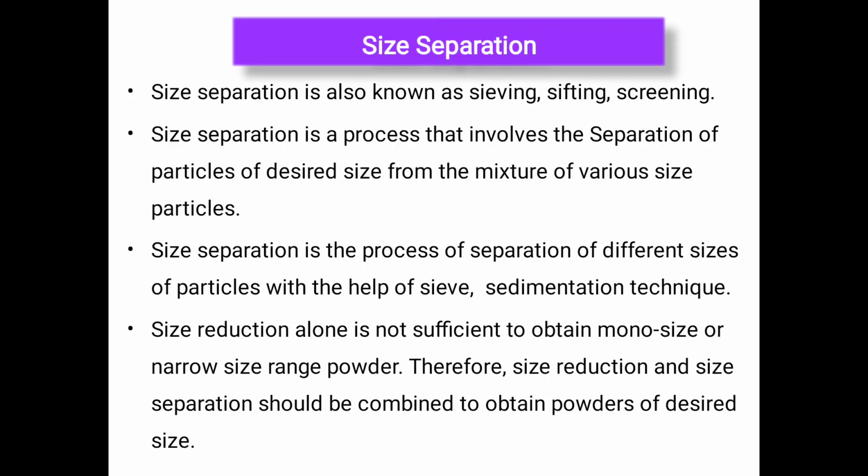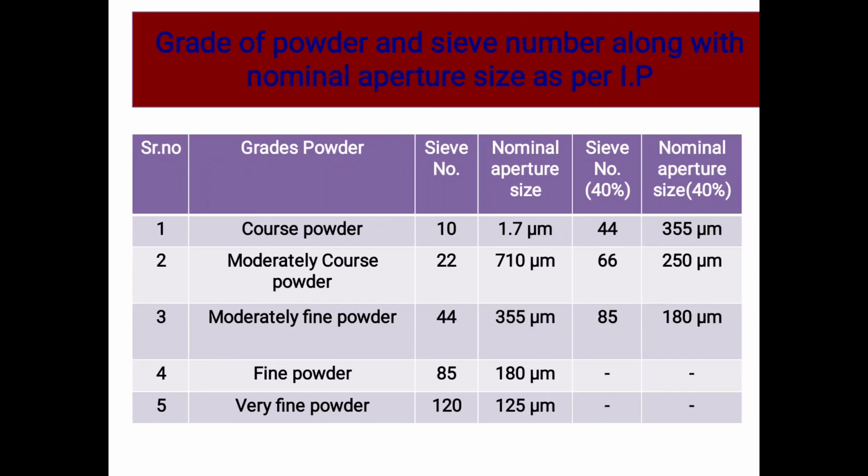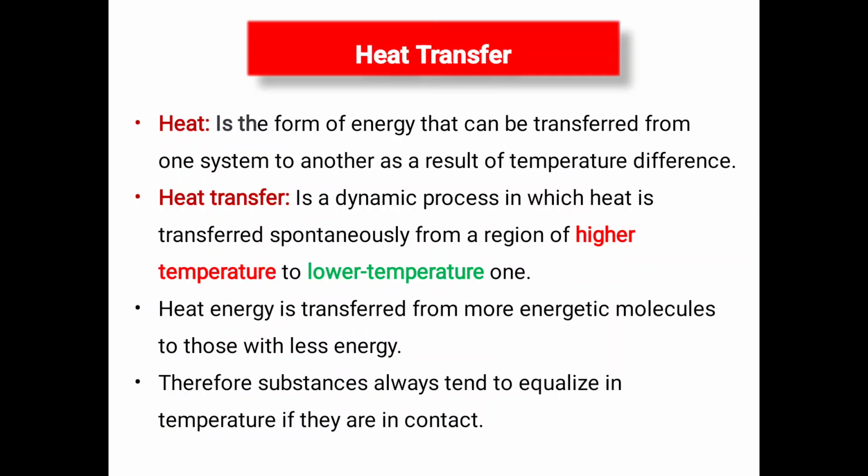Size separation is also known as sieving, sifting and screening. It is a process that involves separation of particles of desired size from a mixture of various size particles. Grades of powders include coarse powder, moderately coarse powder, moderately fine powder and very fine powder.